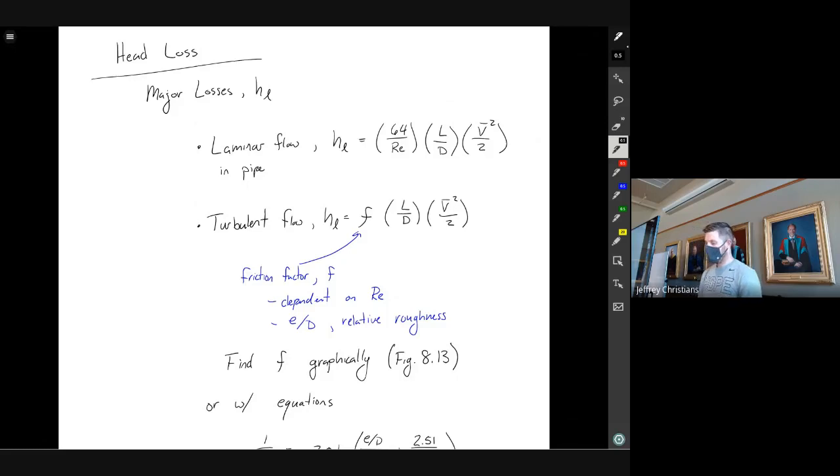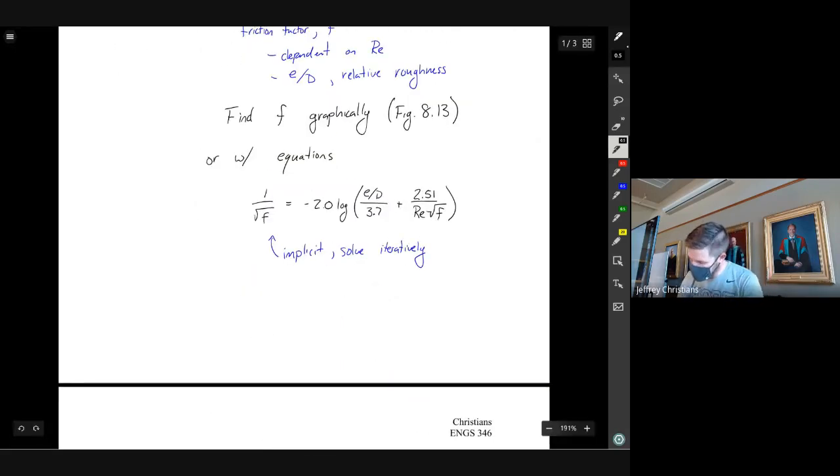For minor losses, the general model that we're going to use is, again, really similar.